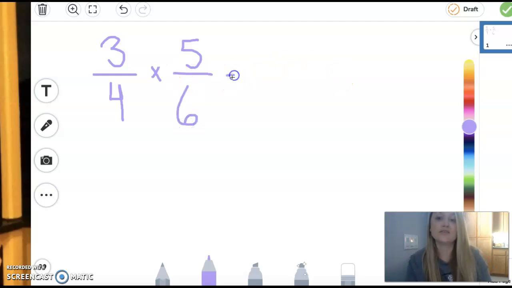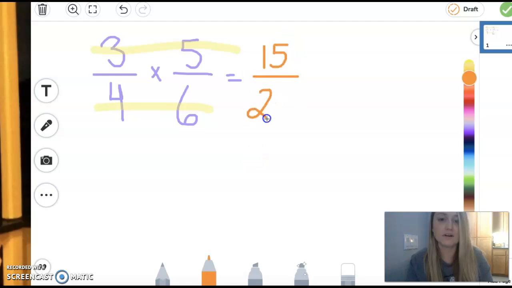Okay, so again, you can do this two ways. You can just go straight across like this, and you would get 15 over 24. But then you'd have to also remember, and I noticed this on glancing at your homework, that you guys were forgetting to reduce.